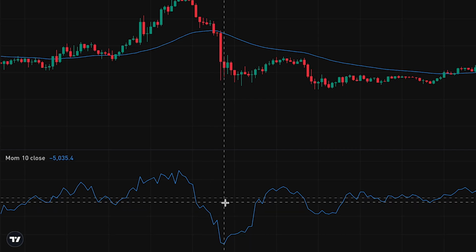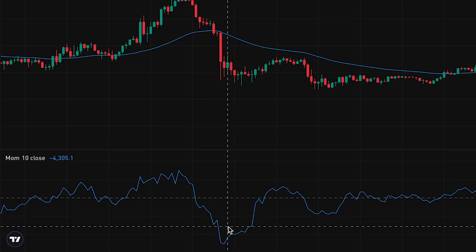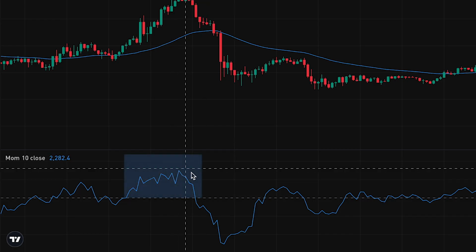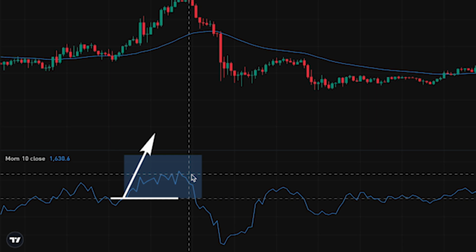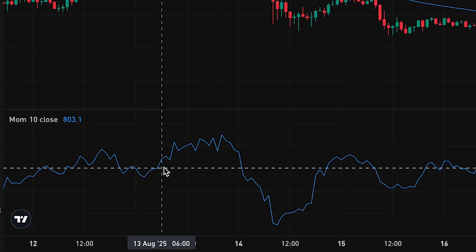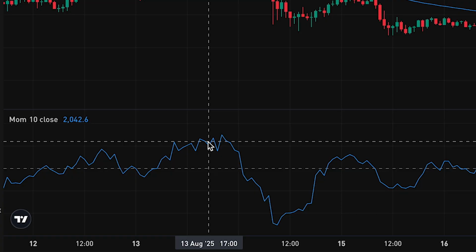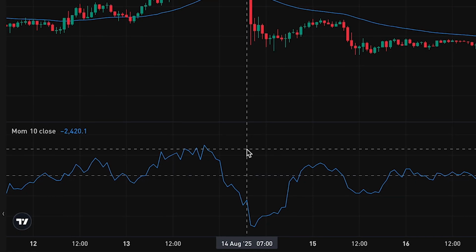This is the number of lots, meaning that there are now more sellers in the market than buyers. And similarly with bullish momentum, when the momentum is above 0, there's a buying momentum in the market. We have the advantage of buyers over sellers. We have a sudden movement. And the farther the indicator is from 0, the stronger the signal for a deal.